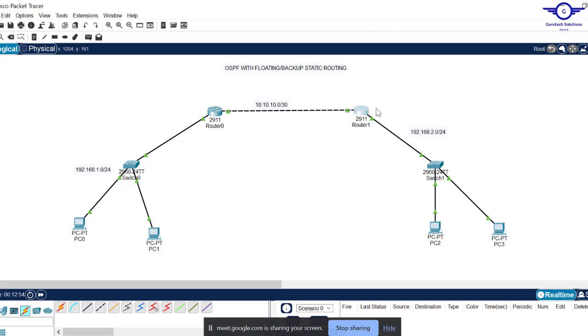Router 0 will also know about the network connected to router 1. So it's very important to understand the concept of routing. There are several types of routing and we've done them. In this video, we're going to configure OSPF.